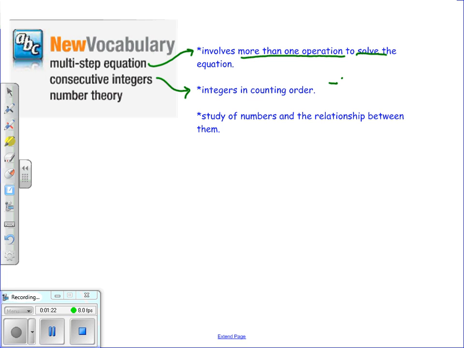So -2, -1, 0, 1 are consecutive integers. Or, well, that's a good enough example. And number theory is the study of numbers and the relationship between them. So write those vocab down. You certainly will see them again. And when you get them written, restart your video.